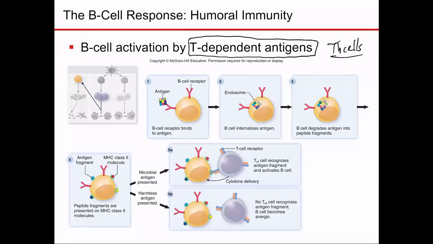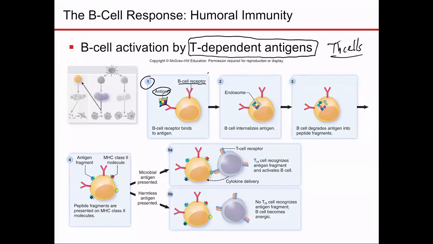So how is this whole thing happening here? So let's say this is a naive B cell, that has not been activated yet in this first step. And then all of a sudden it finds the antigen floating outside in the extracellular medium. The antigen binds to the B cell receptor that is specific for that antigen.